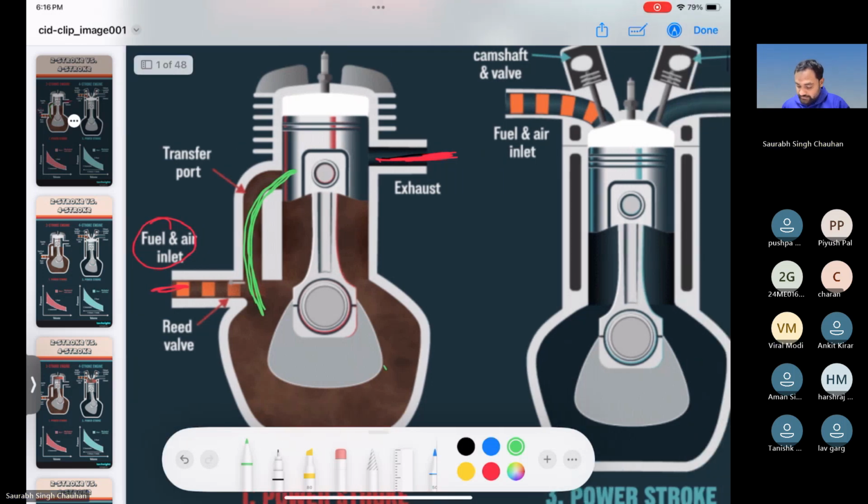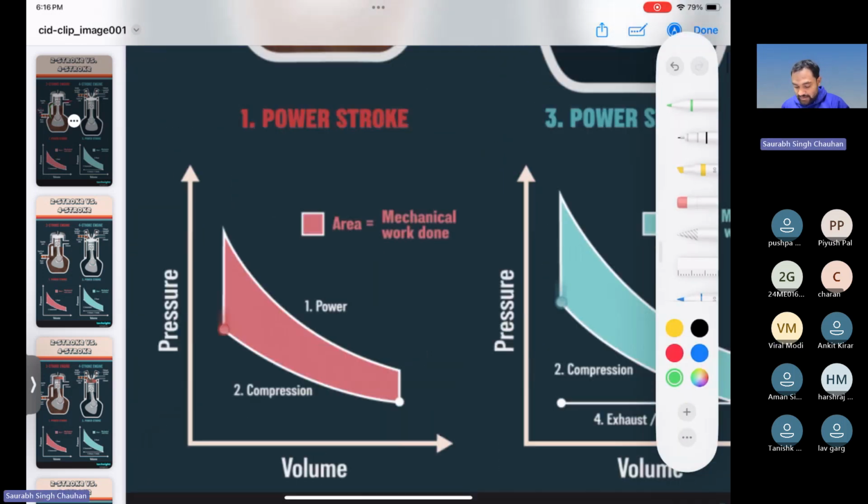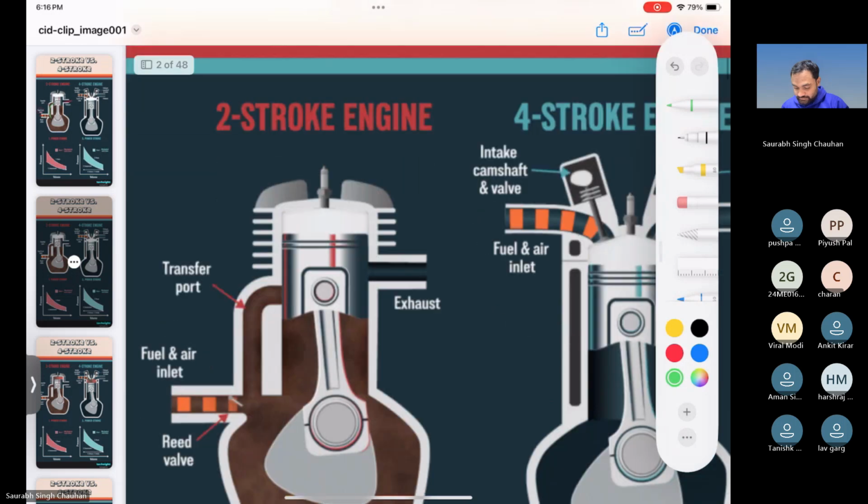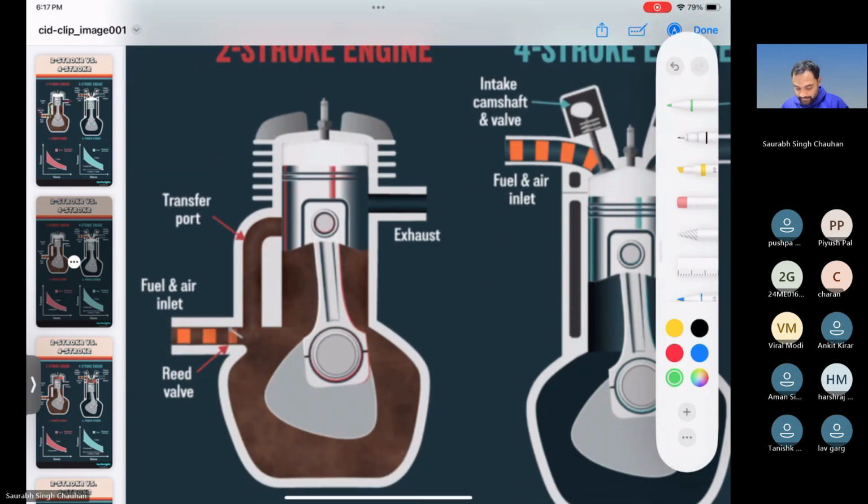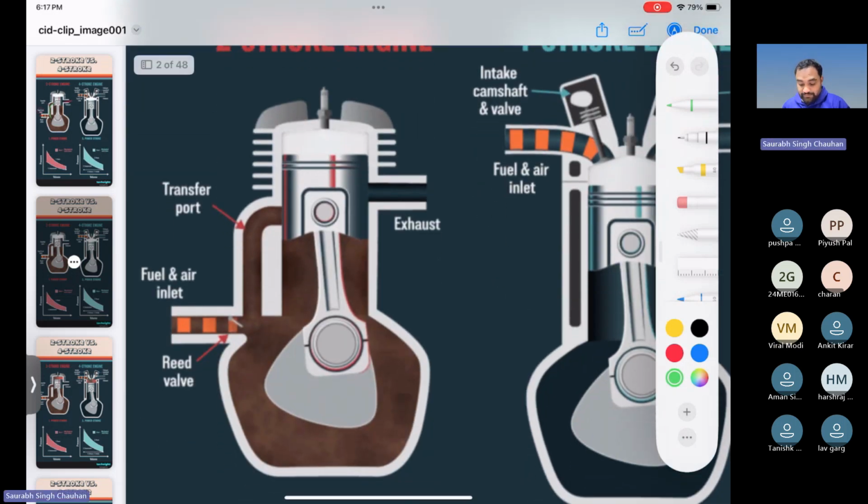Now what will happen? The piston is going upward to TDC. So now you can see that the transfer port is being covered. Here you can see that this transfer port is covered, right?